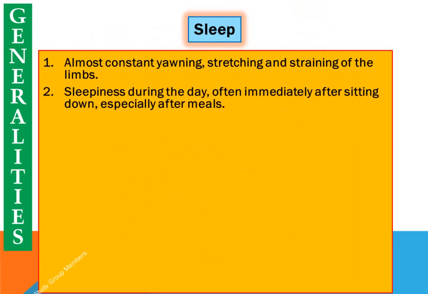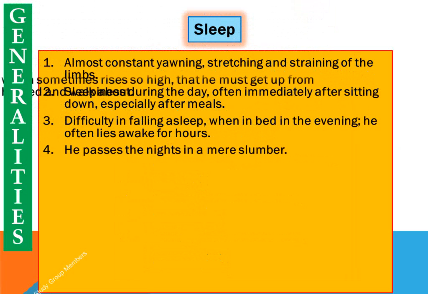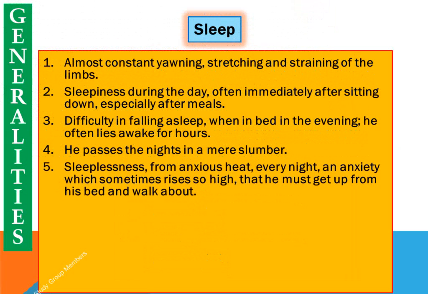Now almost constant yawning, then sleepiness during the day. This is insomnia. Insomnia does not mean only not getting sleep. Sleep disorder describes even hypersomnia, that is getting more sleep because appropriate sleep is not there. We find this described as a symptom of sleep disorder nowadays.